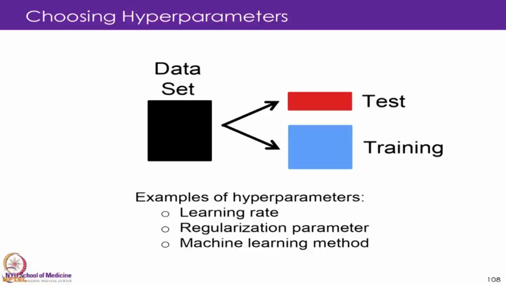Okay, so now finally, cross-validation. We have all these hyperparameters that we need to decide on. We have our data set that we divide into train and test, but we're not allowed to use the test set to decide on the hyperparameters.